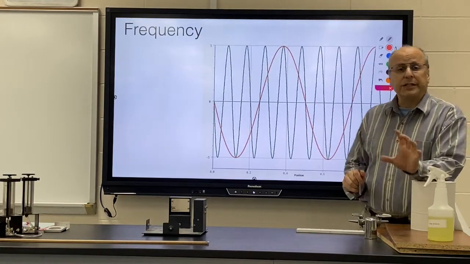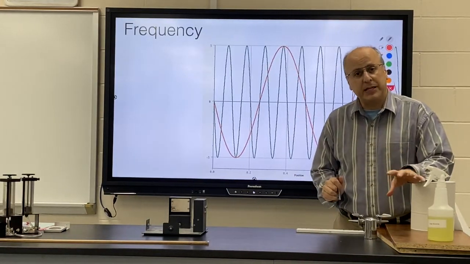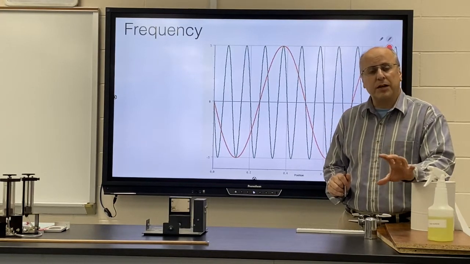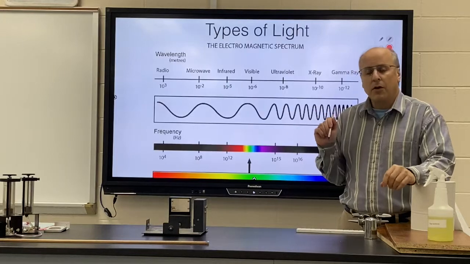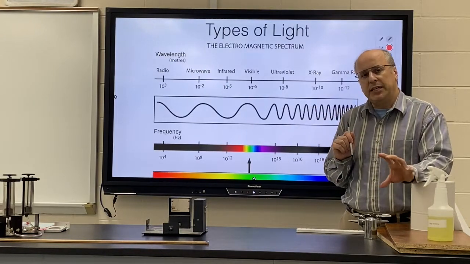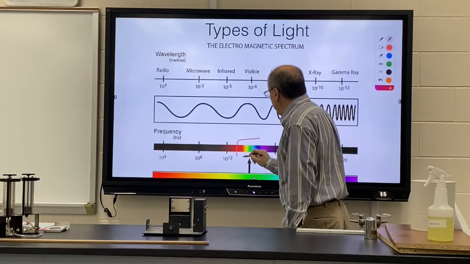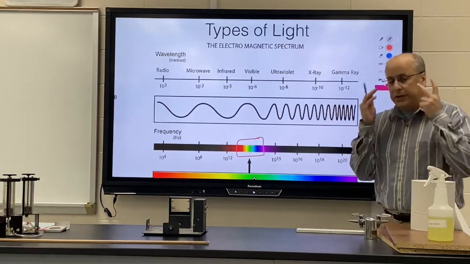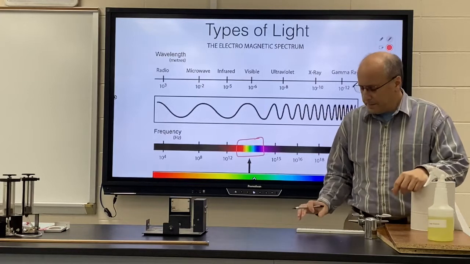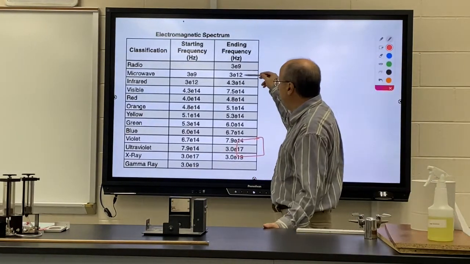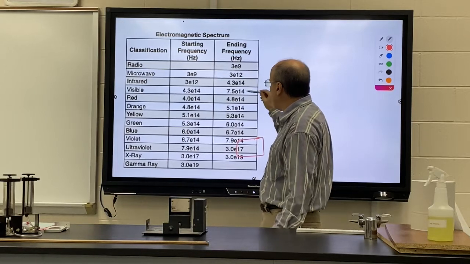Frequency. For sound, frequency tells you the pitch, and for light, frequency tells you the type or the color of the light. Remember that you cannot see all frequencies, so there's only a narrow band of frequencies that are visible to our retinas. The others are things like radio waves, microwaves, infrared.